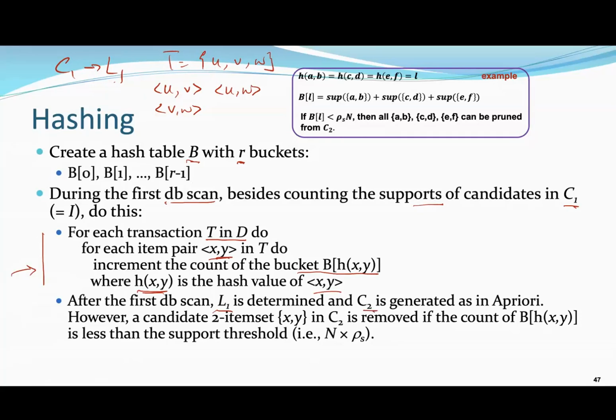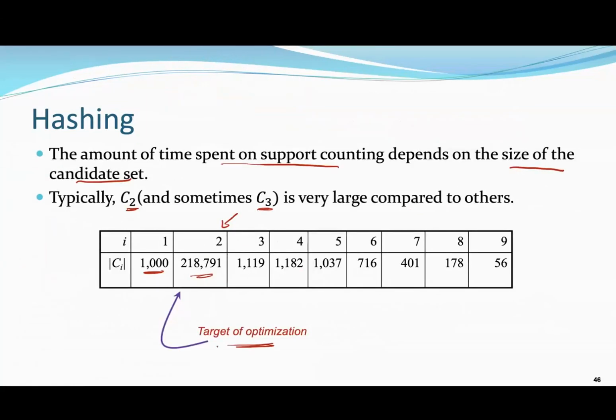After the first database scan, we'll have determined L1, and we need to generate C2 using the apriori-gen procedure. However, our objective here is to make this C2 much smaller. Before we count the support of all these thousands or hundreds of thousands of item sets, we try to make this set smaller. We try to see whether some of these item sets in C2 can be thrown away.